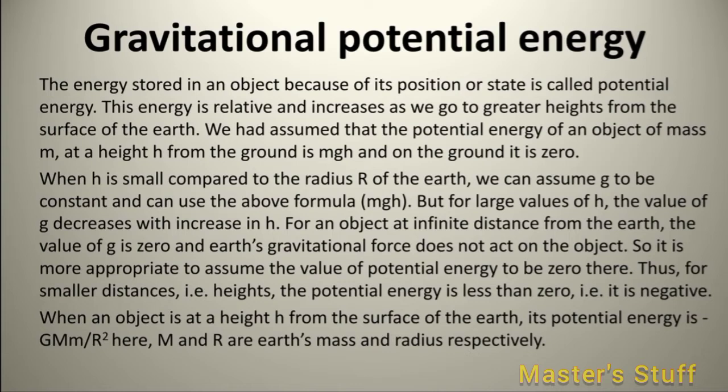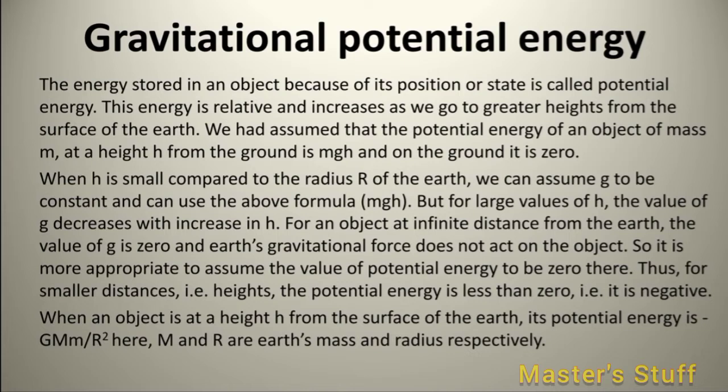We had assumed that the potential energy of an object of mass m at a height h from the ground is mgh. On the ground, it is 0, as height on the ground is 0. Thus, substituting in the formula mgh, we get potential energy equal to 0 when the object is on the ground.